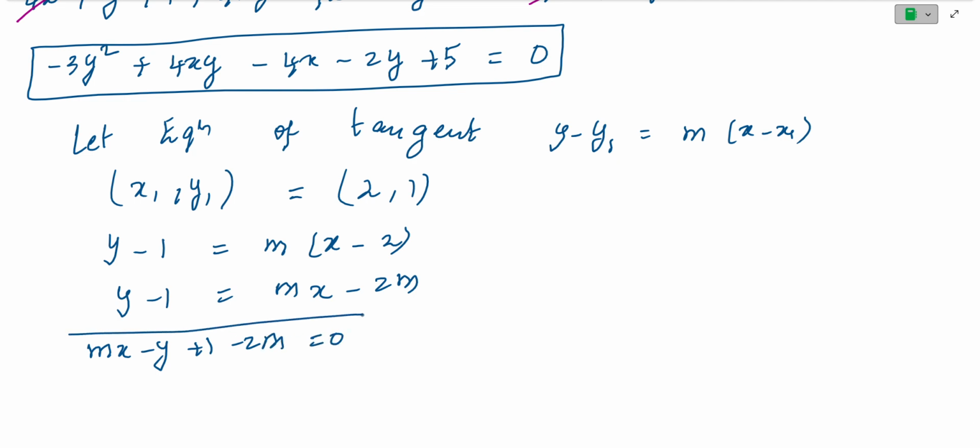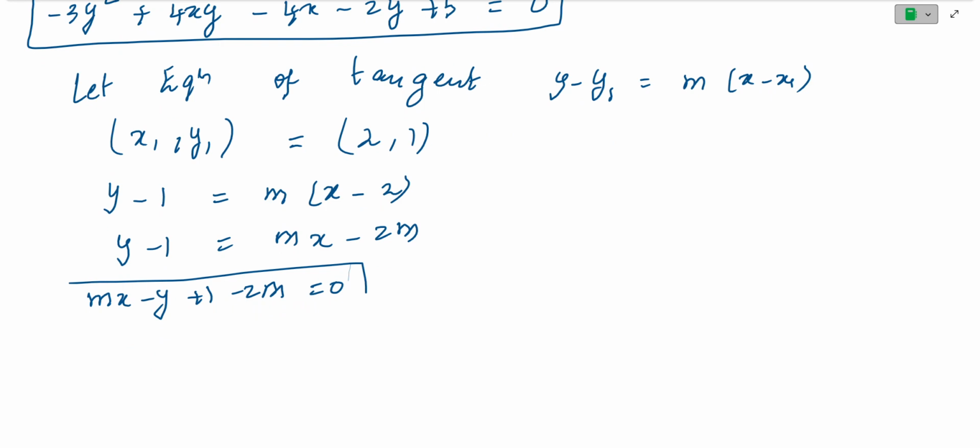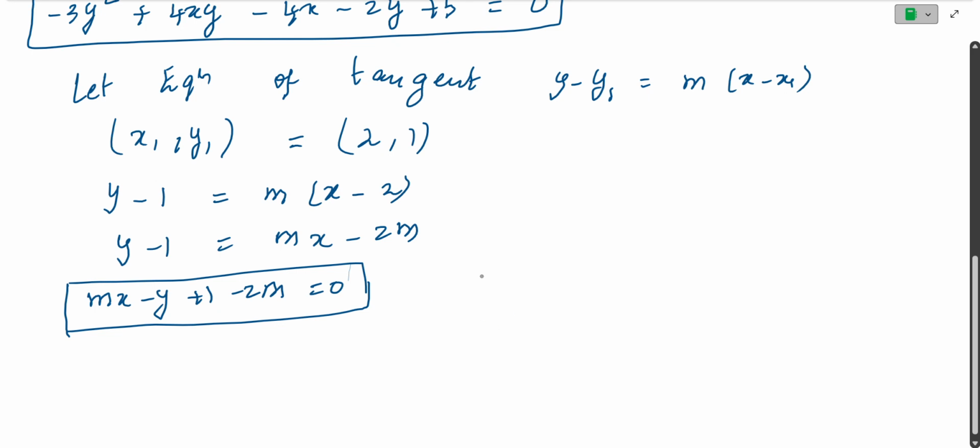So this is the equation of the tangent we are going to get, with the slope m. For this tangent, I am going to apply the condition radius is equal to distance from the center.